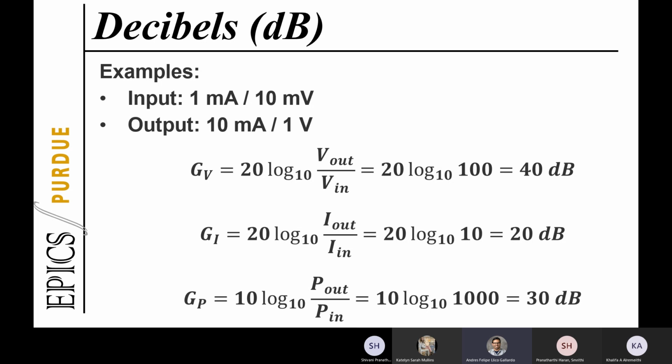And whenever we look at amplifiers, whether for any project that you might be working on, or when looking at data sheets to understand the range of amplification that your components can have, it is typically expressed in dB. So it's very good to have an understanding of what they're talking about.